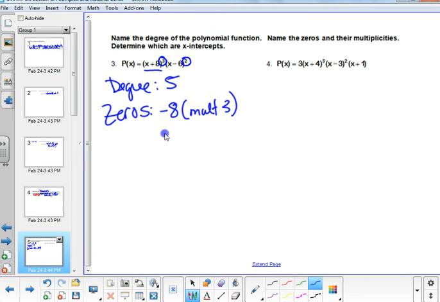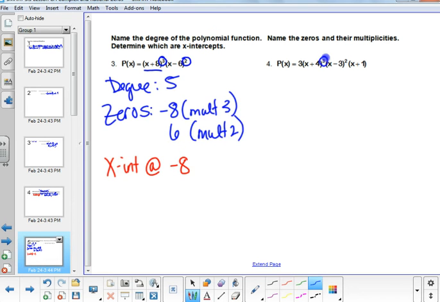And this factor, when I solve it, would be 6 of multiplicity 2. And remember our rule about even and odd multiplicities and whether that means they're x-intercepts. So the only x-intercept that we actually have in this problem is at -8. The multiplicity of 2 would make it bounce off, and it's not an x-intercept.